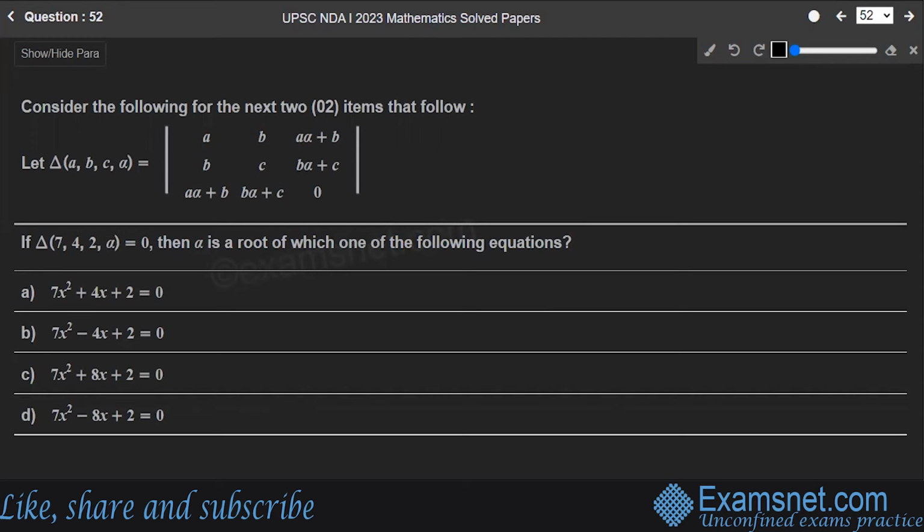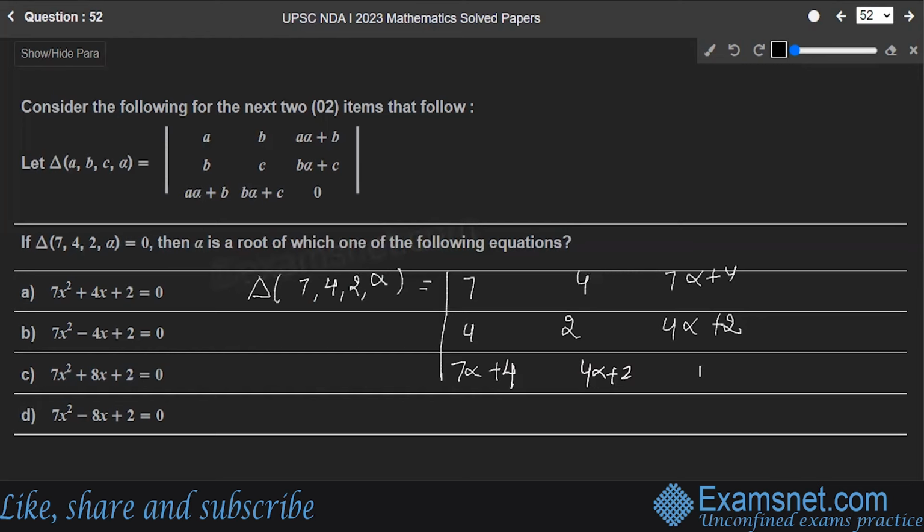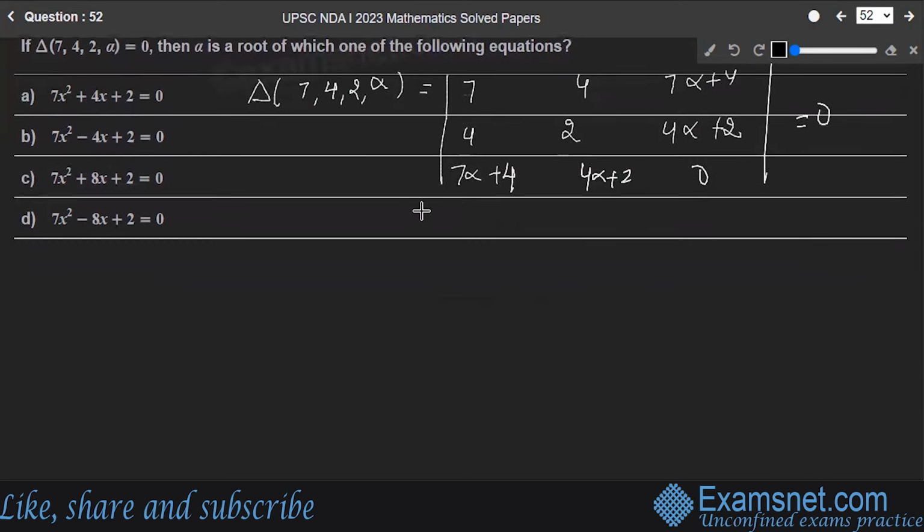Let's write it down. So delta is given by 7, 4, 2 alpha; 7 alpha plus 4, 4, 2; 4 alpha plus 2, 7 alpha plus 4, 4 alpha plus 2, and 0. This is equal to 0. Now let's do the expansion of it. Expanding, let's find out the determinant.